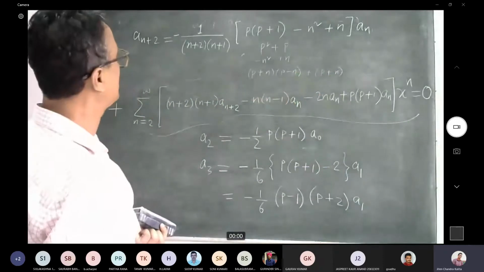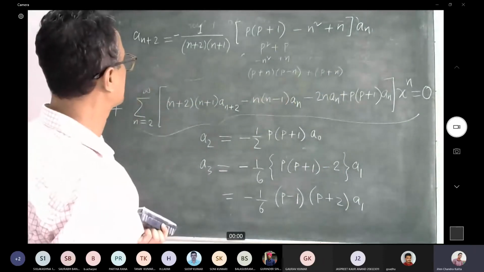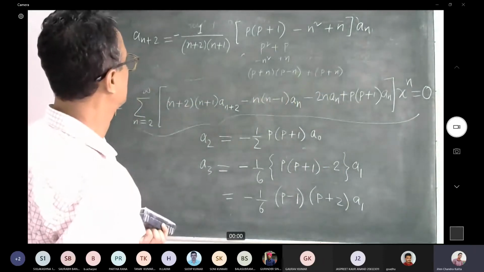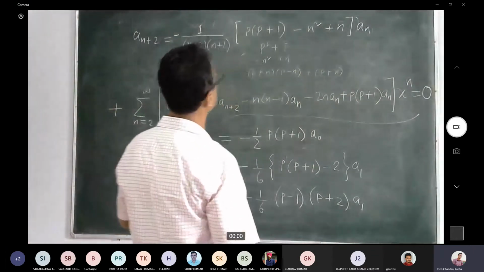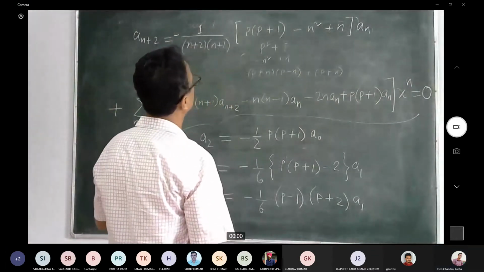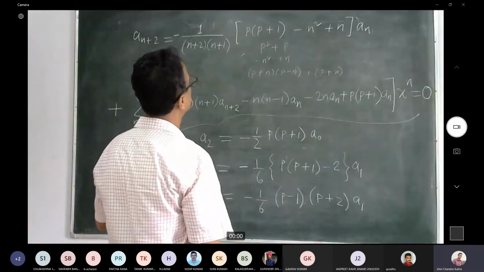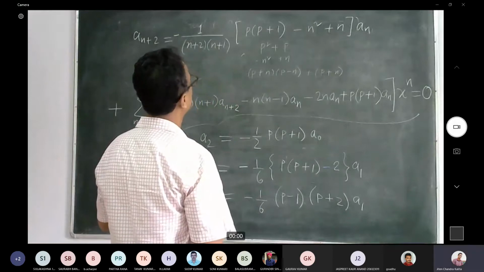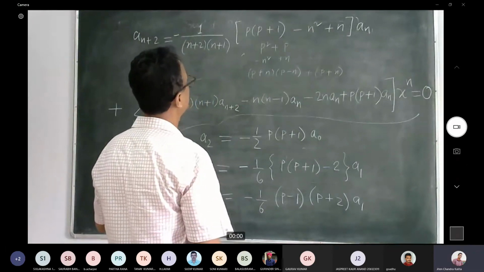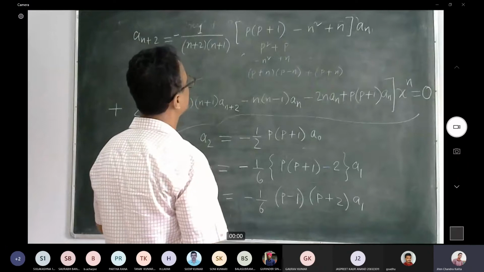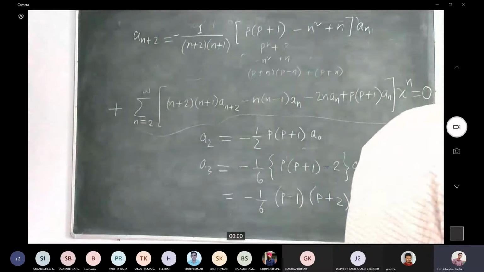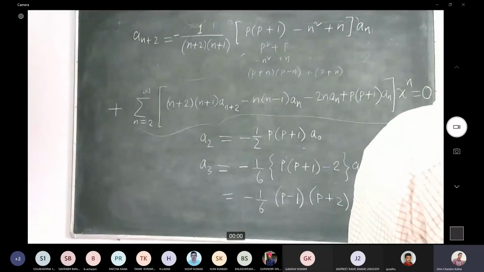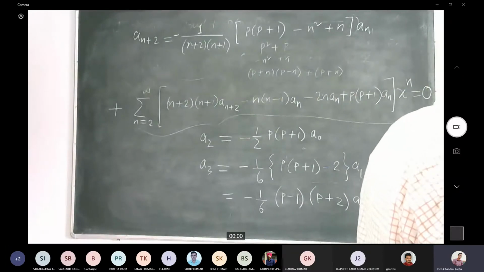Am I okay? Eventually it is going to give me p plus n into p minus n plus 1. Am I okay? Or did I make some mistake somewhere?